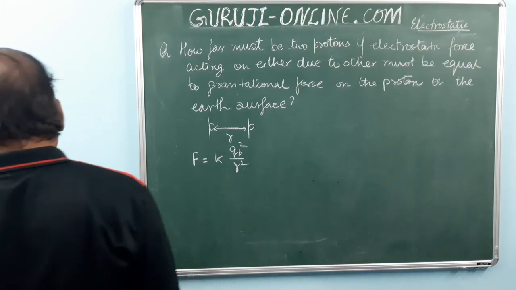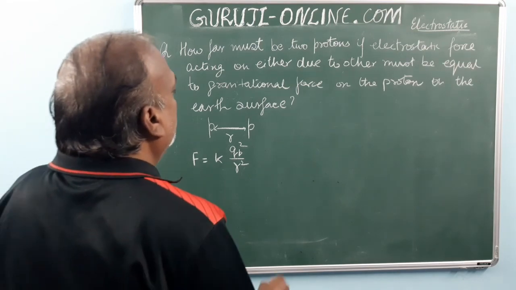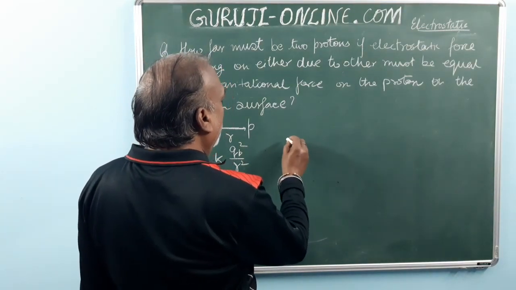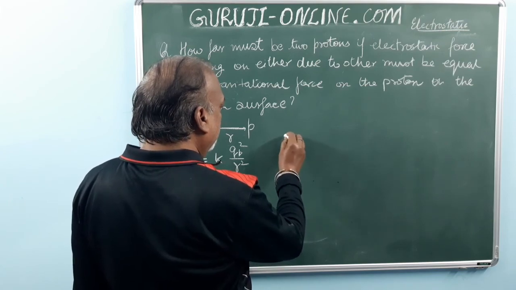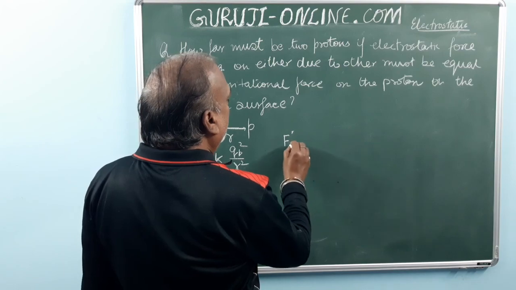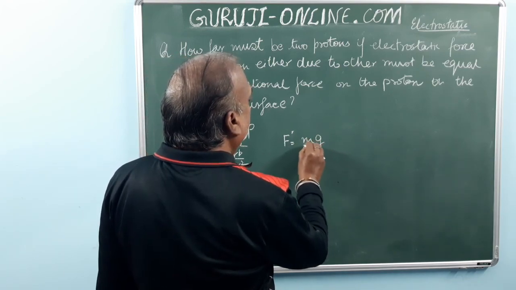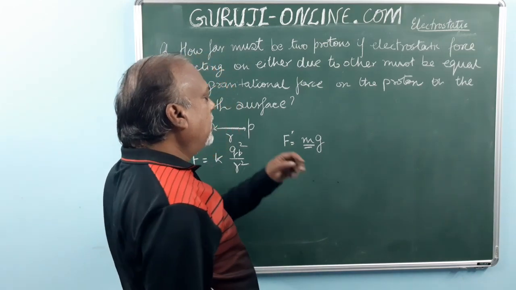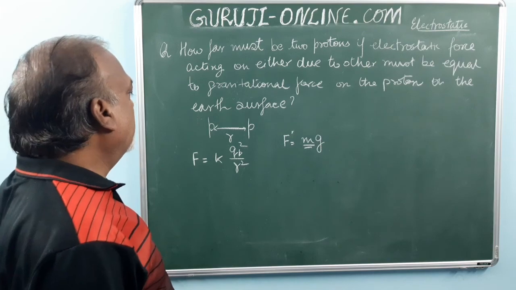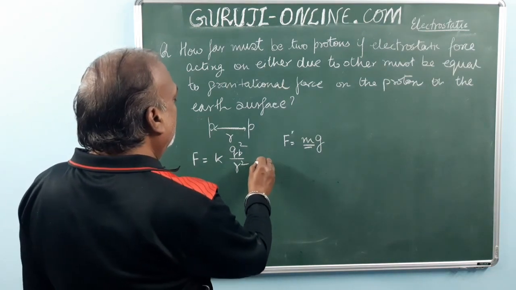And if this proton is on the surface of the earth, then what will be the force? That will be nothing but m into g, that is mass of the proton and gravitational acceleration. So we can equate these two.